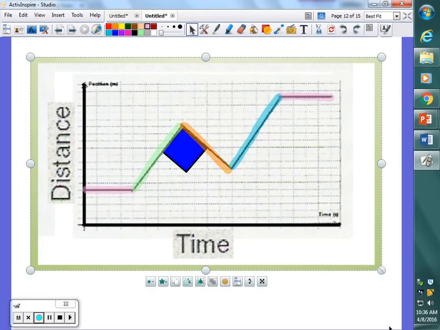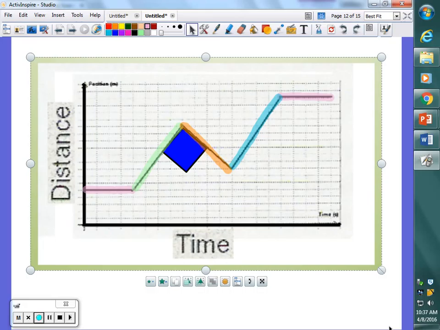It tells you how fast, but it doesn't tell you what? What direction. During green, it's moving forward at a certain speed. During orange, it's moving backwards, but it's moving just as fast backwards as it was forwards.